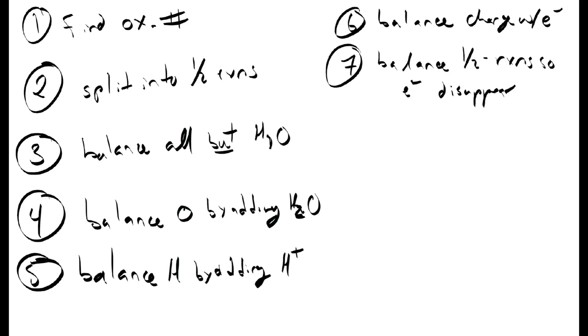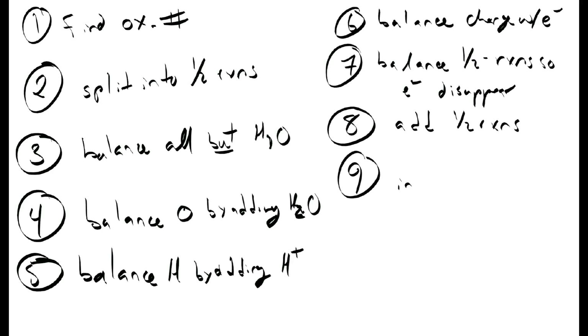This means multiplying. And eighth, add half reactions together. And ninth, if in base, we add hydroxide. Let's go ahead and add a 10th step just to make it nice and round.